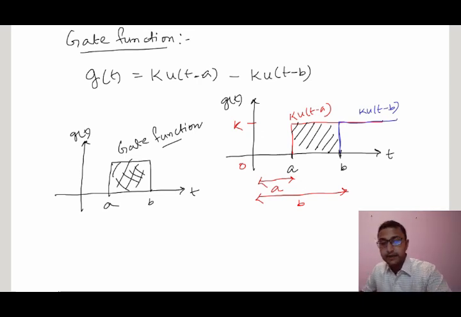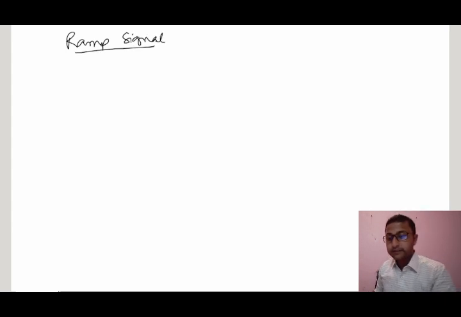Okay, next, the next thing is ramp signal. So what is ramp signal? Ramp signal is basically the integration of the unit step signal or step signal. Basically the integration of constant DC value.